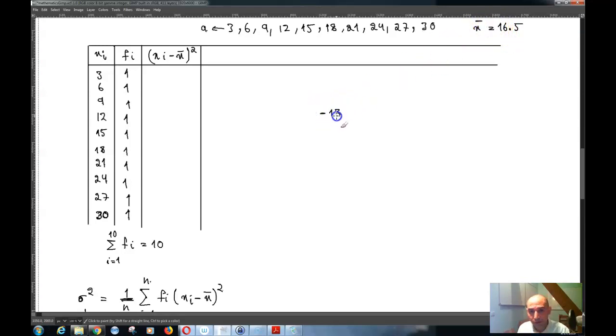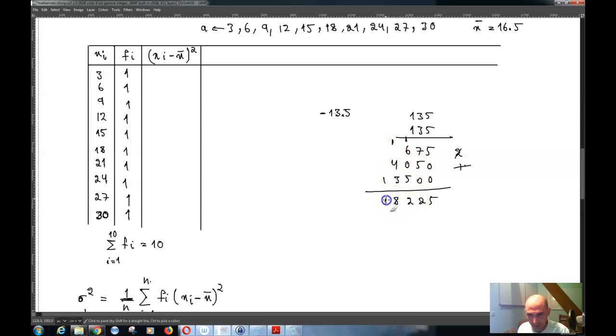So negative 13.5, and you want to square this number, meaning that you have 135 times 135. 5 times 5 is equal to 25, and so on, and you have 1 decimal place here, 1 decimal place here, so you get 2 decimal places.